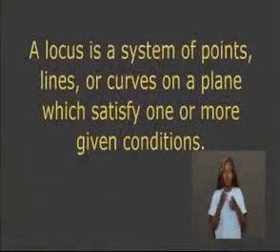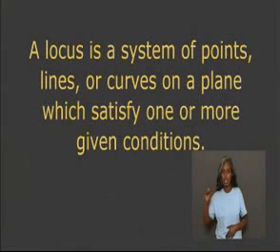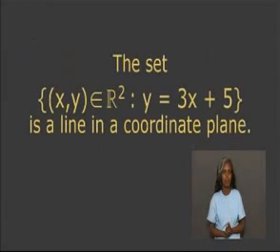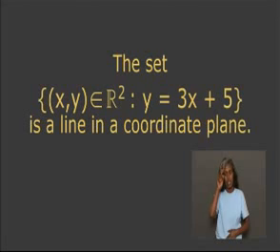A locus is a system of points, lines, or curves on a plane, which satisfy one or more given conditions. For example, the set of ordered pairs (x, y) that belong to R squared, such that y equals 3x plus 5, is a line in the coordinate plane.